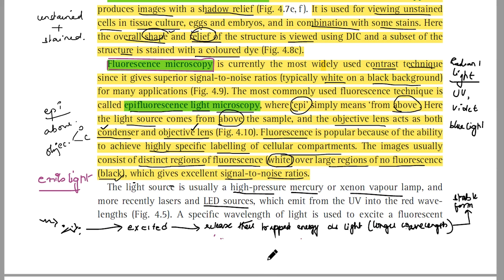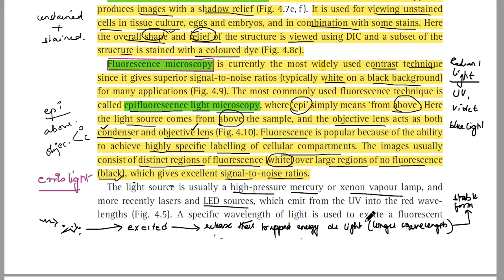So last day we were talking about that the light source is a high pressure mercury or a xenon vapor lamp, and more recently lasers and LED sources of light have been used, and these emit UV into red wavelengths.